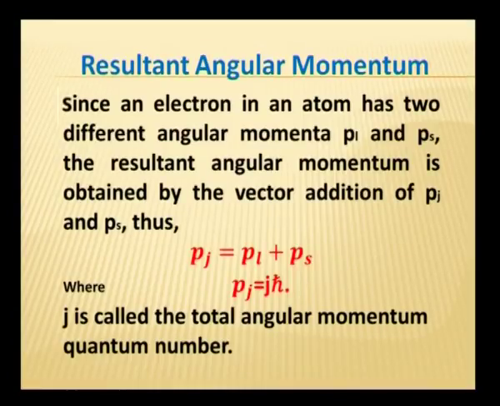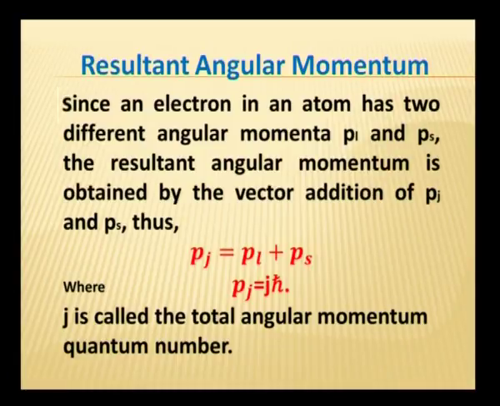When L and S are added, that will result in the resultant angular momentum. What does resultant mean? The resultant of the orbital angular momentum and the spin angular momentum. Both of them can be vectorially added. That gives rise to what is called P suffix j, where j is called the resultant angular momentum quantum number.